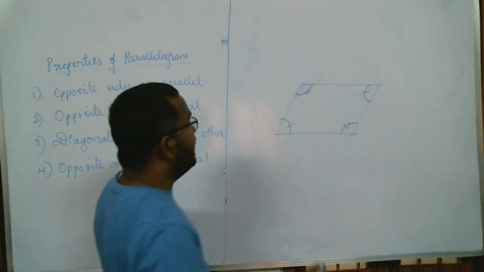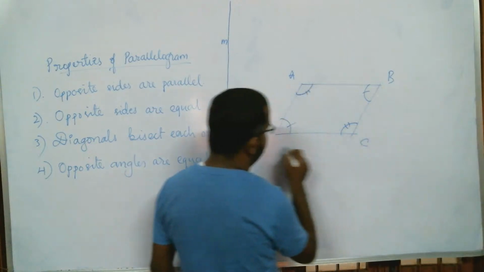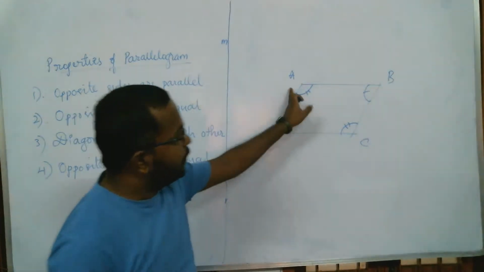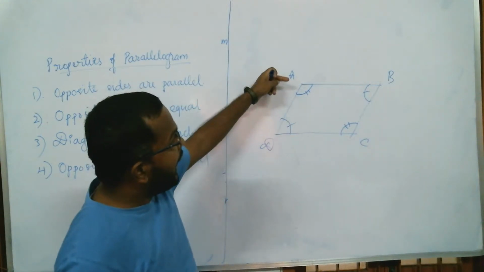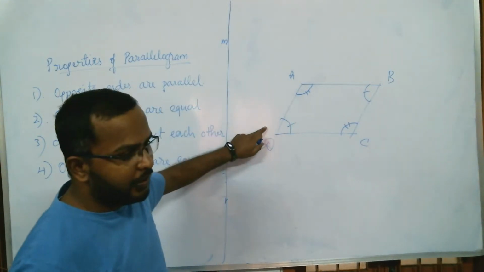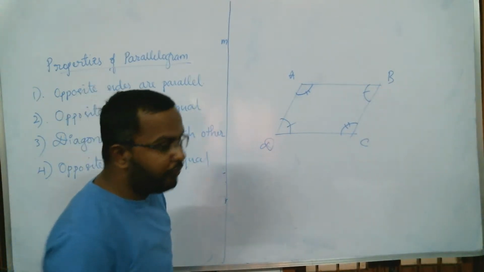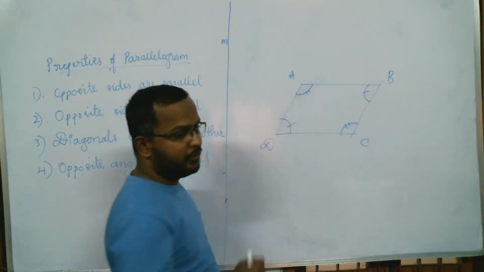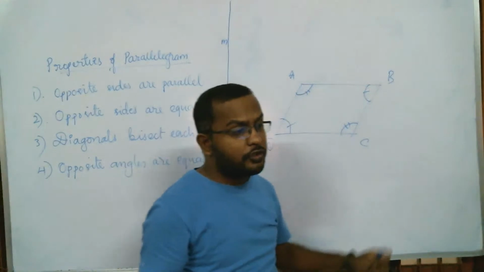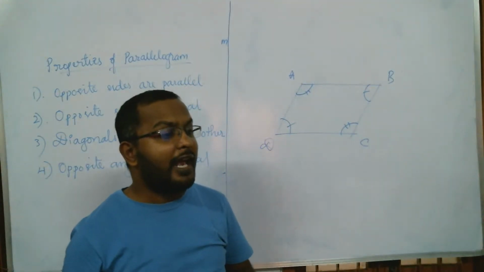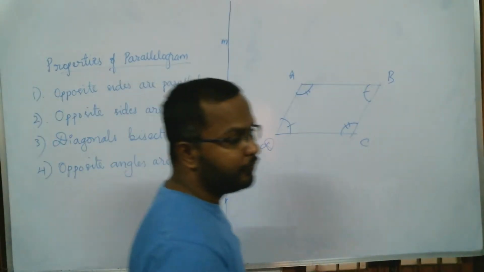And now you tell me, let us name it as A, B, C, D. So opposite angles are equal. Now you tell me, angle A and D are adjacent angles, nearby angles. So when we have adjacent angles, either you can add A and D or you can add A and B also. This is also an adjacent angle. So when we are adding adjacent angles, how much are you going to get?